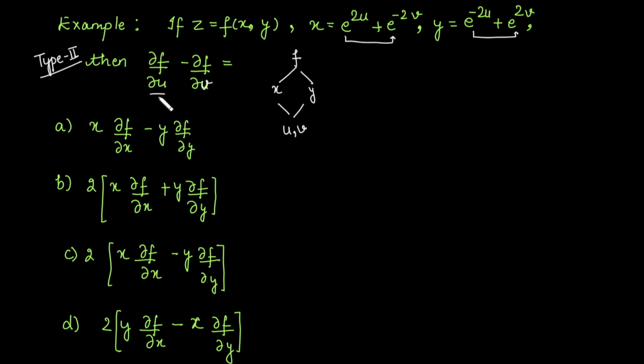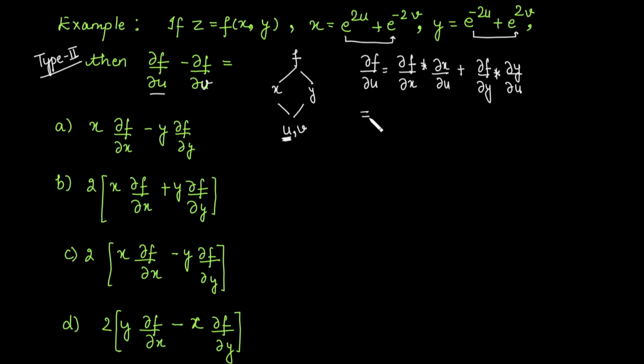As per the requirement, we need the partial derivative of the function with respect to u, that is evaluated as the partial derivative of the function with respect to x into the partial derivative of x with respect to u, plus the partial derivative of the function with respect to y into the partial derivative of y with respect to u.